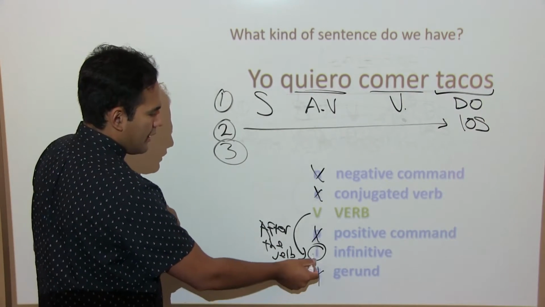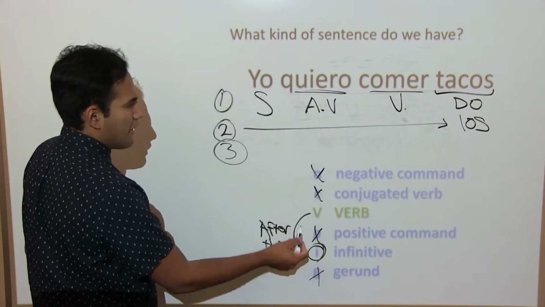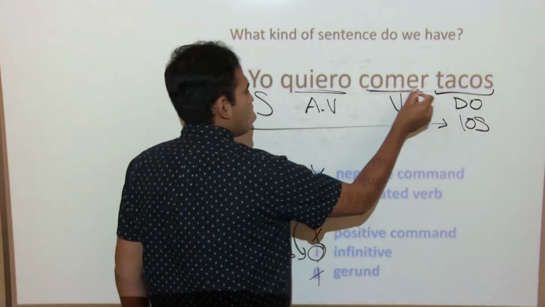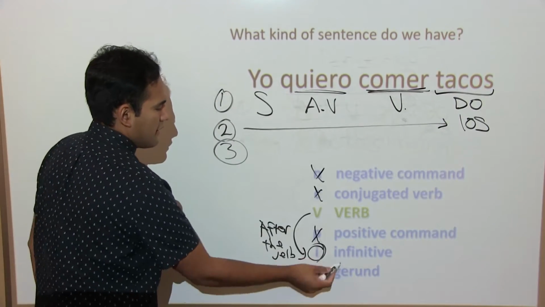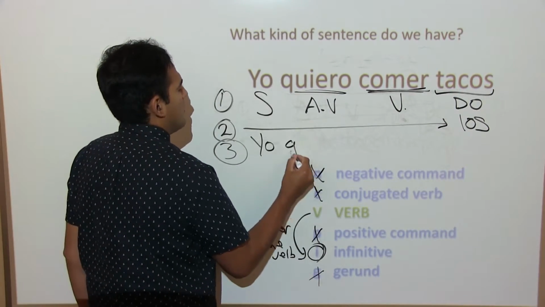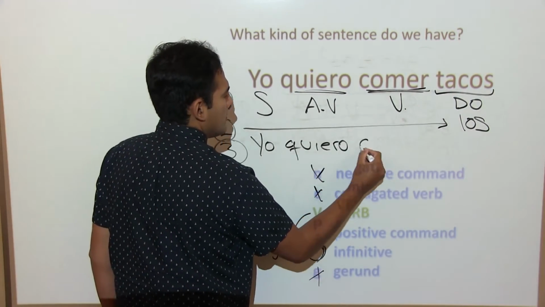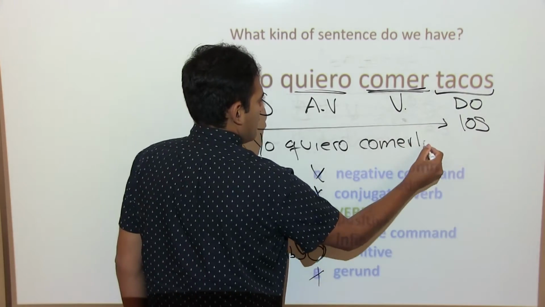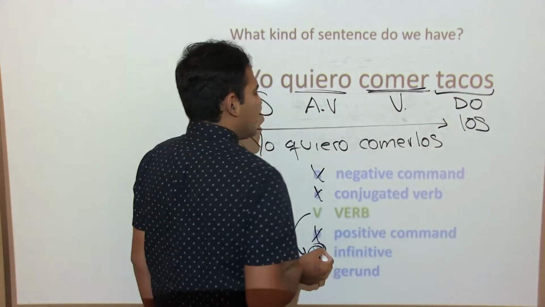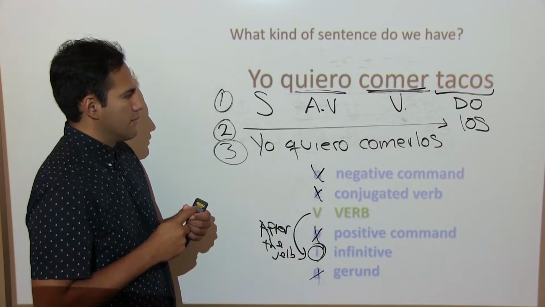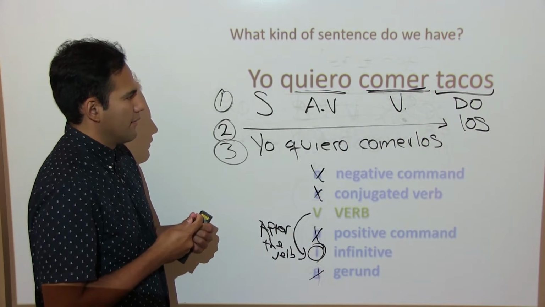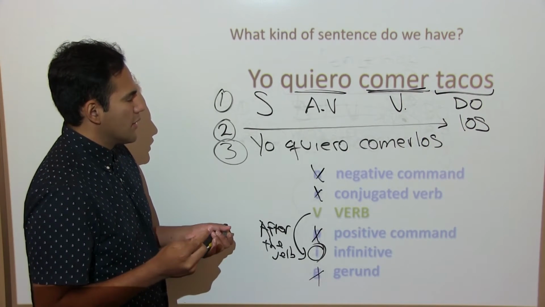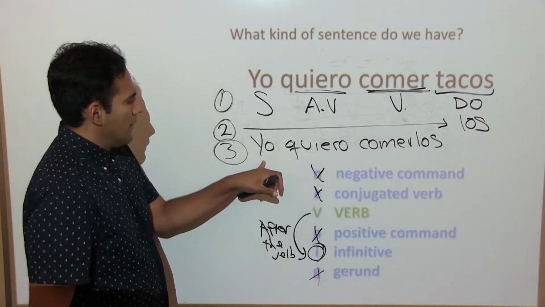So here, it's telling after the verb, so we're going to add it after our infinitive verb. Yo quiero comerlos. Okay? Perfect. So there you go.